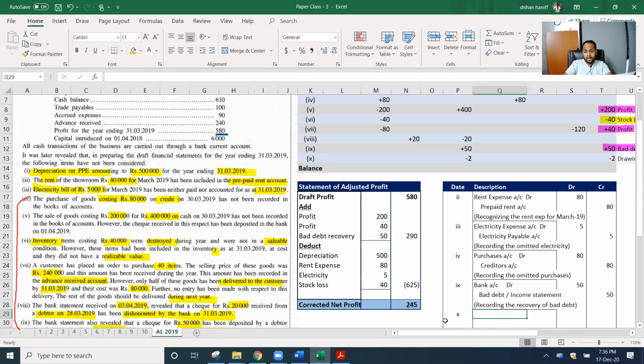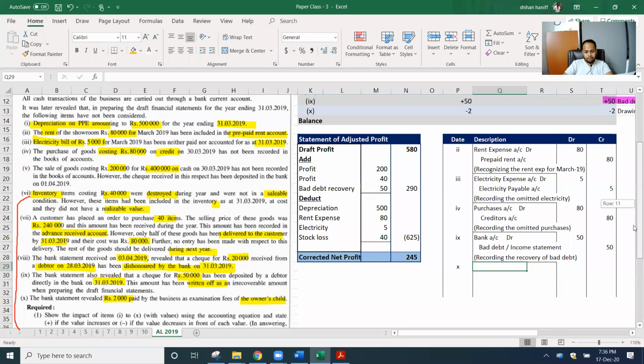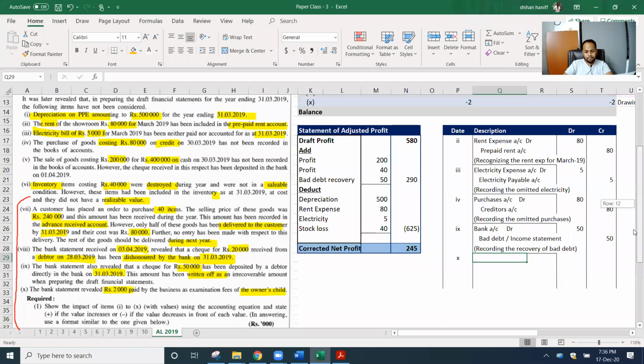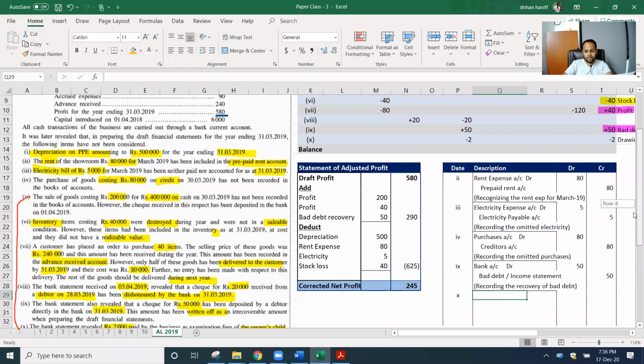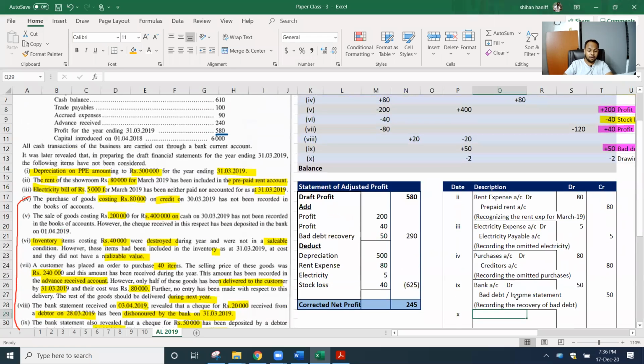Don't forget, write the narration because I have seen most of the students, they are not writing the narration. So in the examiner's marking scheme, specially they say give 2 marks for the narrations. Last one, number 10. Bank statement reveals 2000 paid by the business as examination fee for owner's child. So that is owner's drawings.